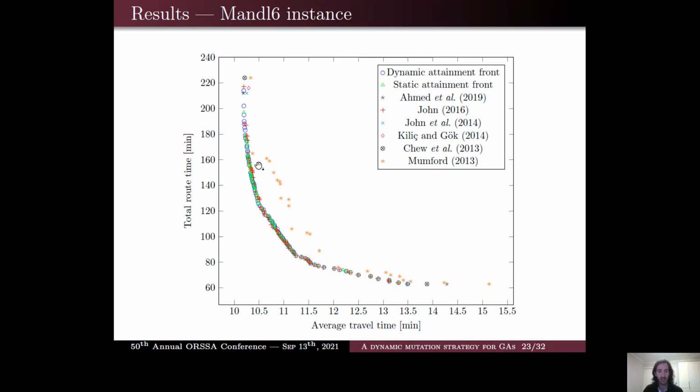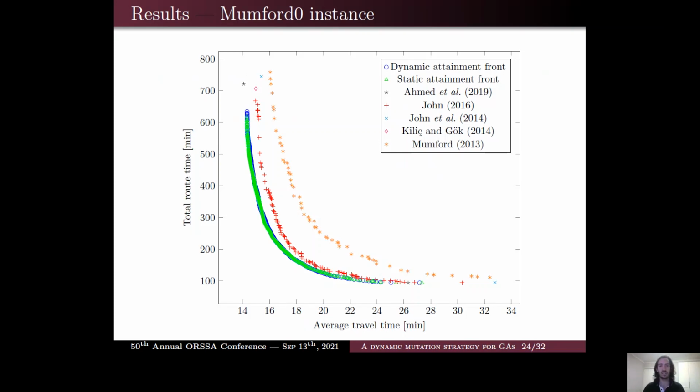And here the orange and the red solutions are other multi-objective approaches, while the other solutions on the extremal points were only single objective approaches. Here the blue and the green results, the blue being the dynamic attainment front and the green being the static attainment front. So for a smaller instance, it does seem that they perform on par and even dominate some of the solutions in some areas.